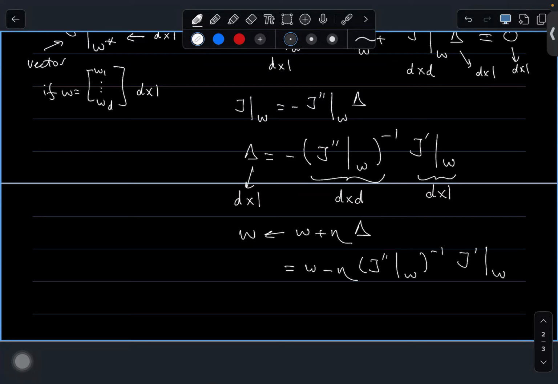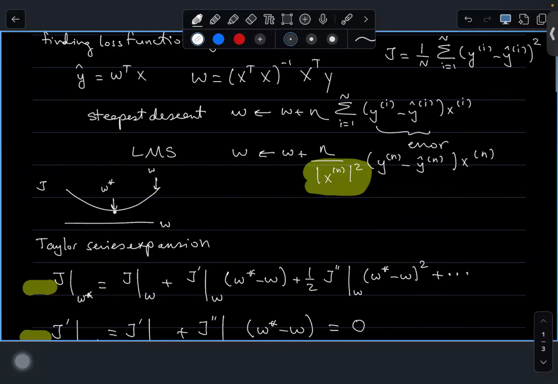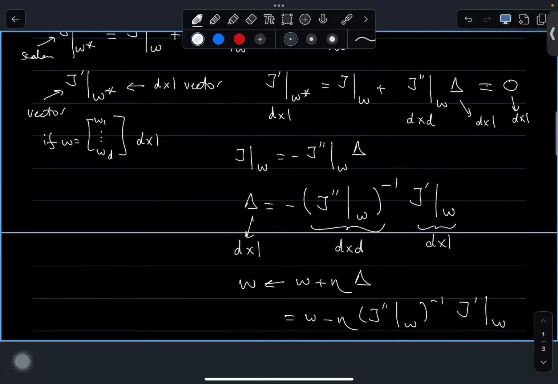And that's going to tell us how much we should change, how much we should learn from error. Now I'm going to show you that if you go back to our learning rule here, this term is the second derivative. That's the relationship between these. So let me go back to where we are.